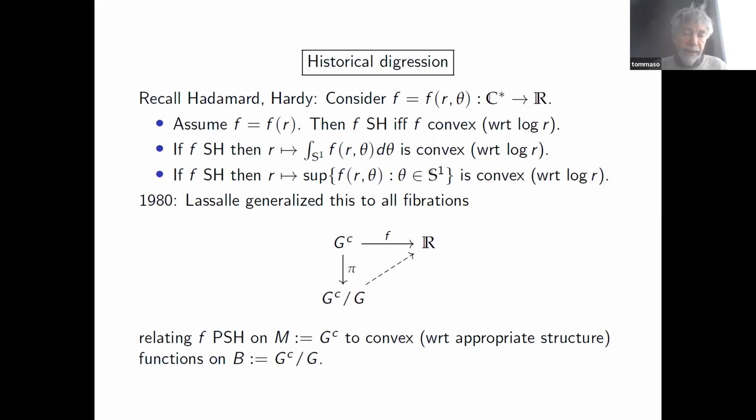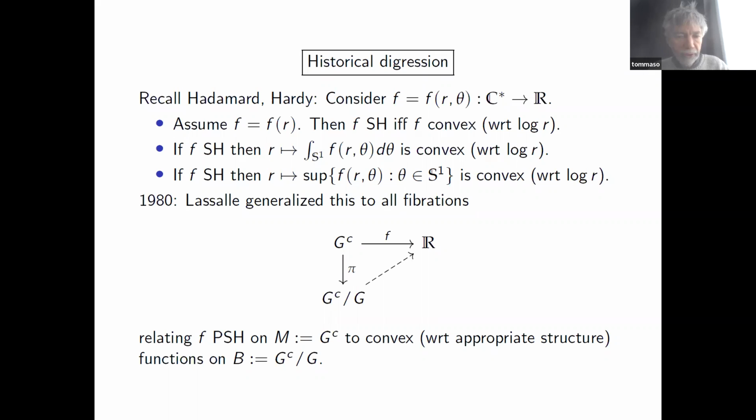In 1980, LaSalle realized that C star is the complexification of S1, and that the same game can be played for any group complexification. If you take a compact Lie group G, you can complexify it and talk about plurisubharmonic functions.